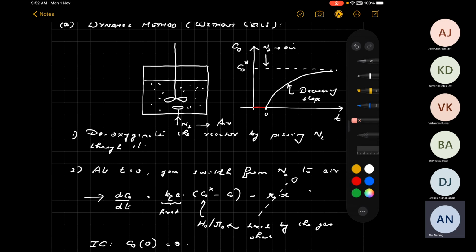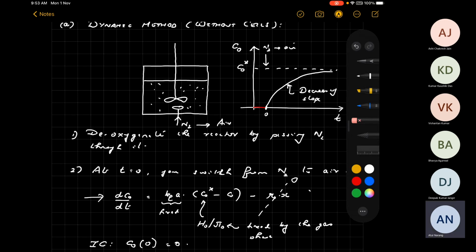How rapidly this goes up from C0 to, as I mentioned last time, C0 star, because ultimately, in the long run, all bubbles have air only, and the liquid has been exposed to these bubbles for a long time. The concentration of oxygen in the liquid phase will reach C0 star, which is the solubility when it is in contact with air of partial pressure p_A.